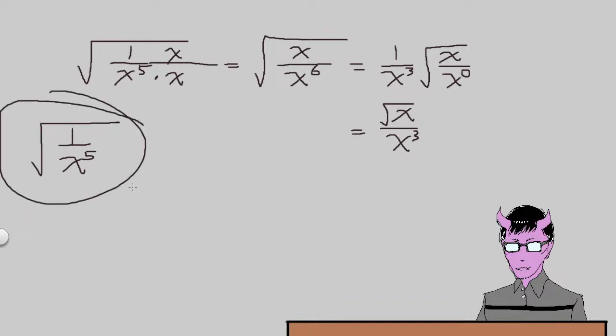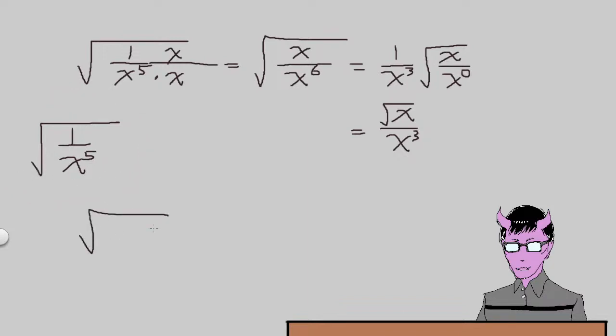Same thing here. This is a function. It only takes in certain values. If you try to take the square root of a negative, it will break your function. So we make note. Number 1, what's happening to this x? X is being raised to the power of 5.